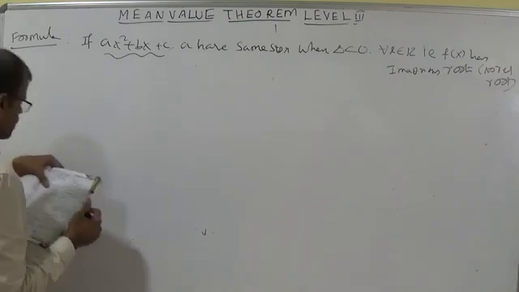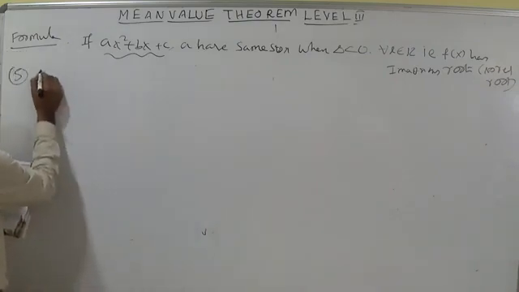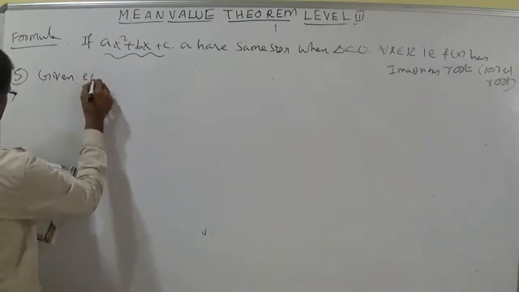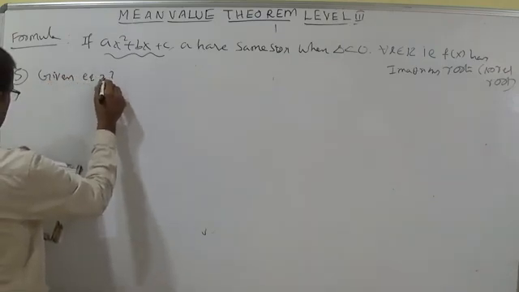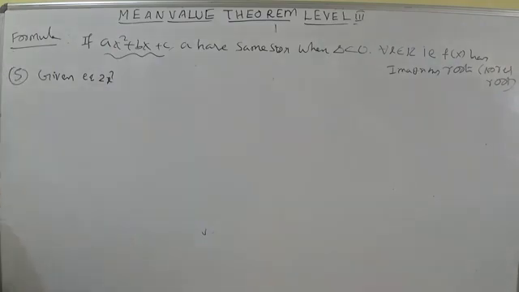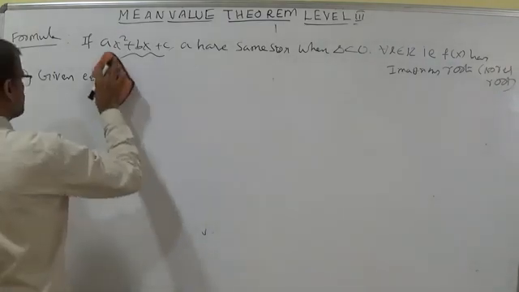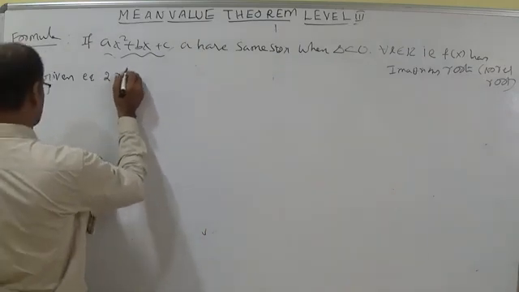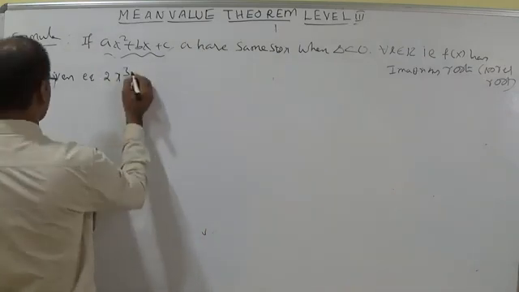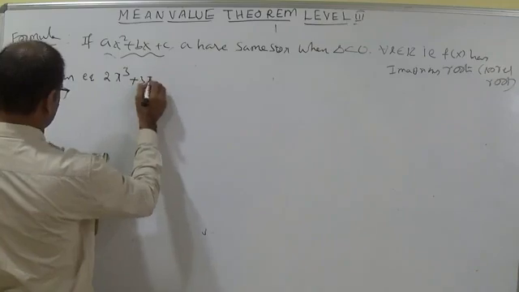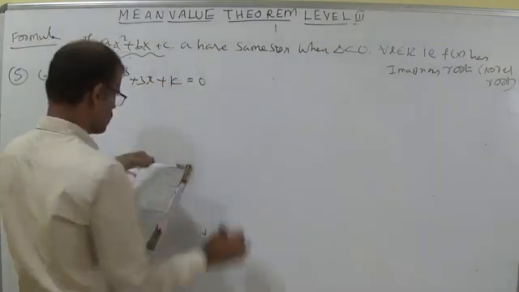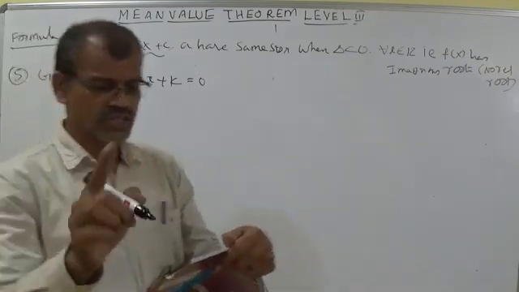Let us consider the fifth question. The real number k for which the given equation, he gave the cubic equation 2x cube plus 3x plus k equal to 0, has two distinct real roots.